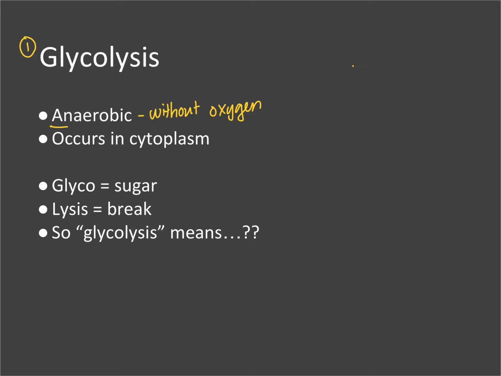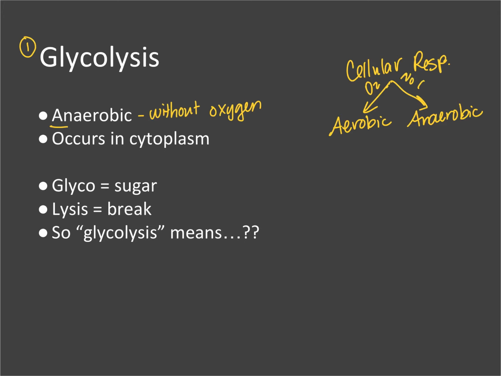So remember when we talked about these reactions of cellular respiration, we talked about how there are two pathways. So we have the aerobic pathway and we have the anaerobic pathway. And remember, the aerobic pathway requires oxygen, and the anaerobic pathway does not require oxygen.